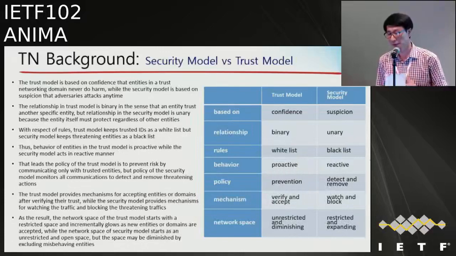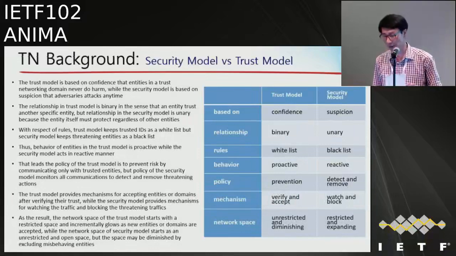But the policy of the security model monitors all the communications to detect and remove threatening actions. And the trust model provides a mechanism for accepting entities and domains after verifying their trust based on a trust index. While the security model provides a mechanism for watching the traffic and blocking the threatening traffic.